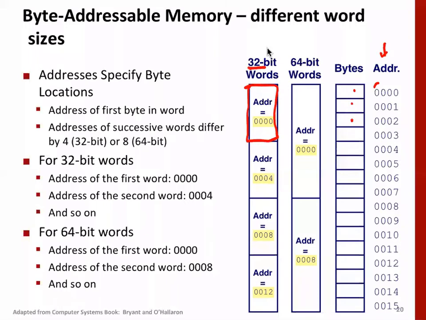So now what will happen? Suppose I want to take the first word, second word, third word out, because the instructions are also 32 bits. So I want to read, say, 3 instructions. The first instruction is here, the second is here, the third is here. So what is the address of the first word? Note that it's byte addressable.